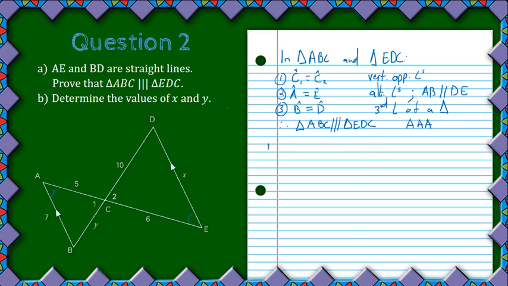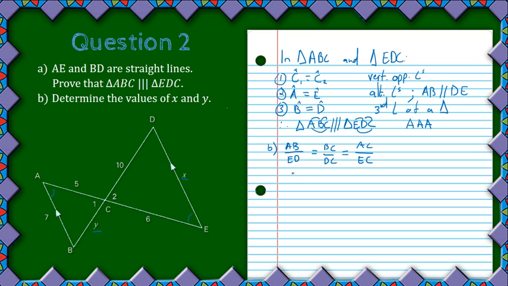And then B, determine the values of X and Y. So here we have X and there's the Y. And once again, I'm just going to write down my proportion. So AB over ED is equal to BC over DC, and that's equal to AC over EC.